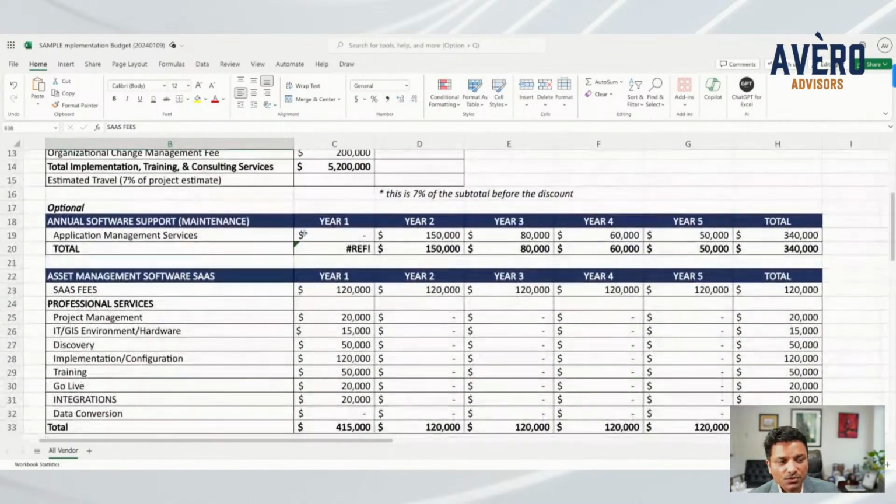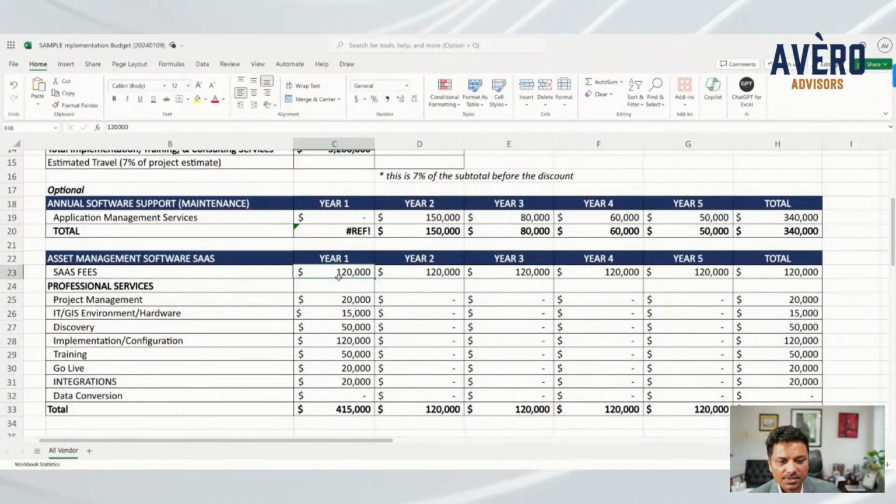And so when you look for total cost of ownership, this example shows you not just implementation, but also the cost of the contract, right? And at year 5, if you choose to renew the contract, keep the contract going, at that point you'll have some escalation clauses built into the current contract that don't allow for 100% increase in SaaS fees, and things like that need to be included in the contract.